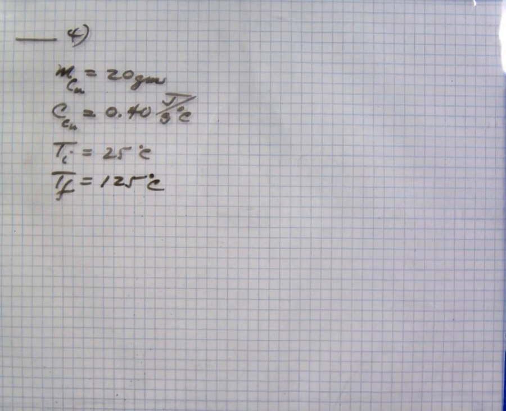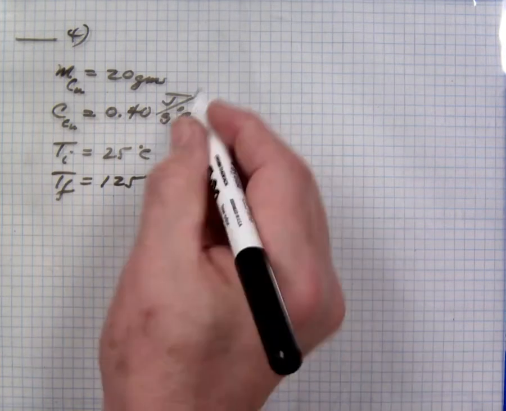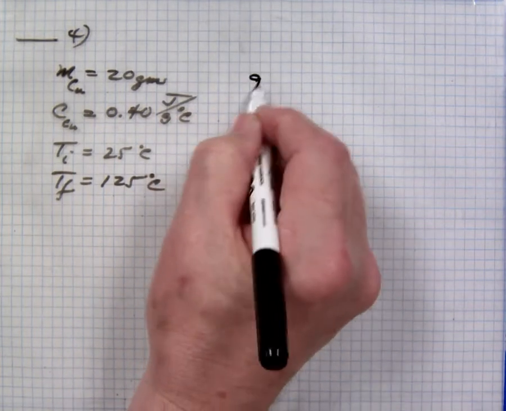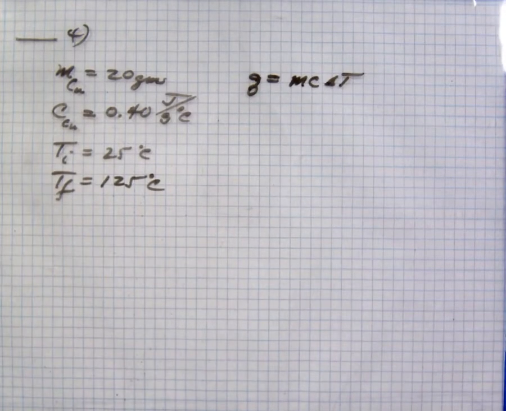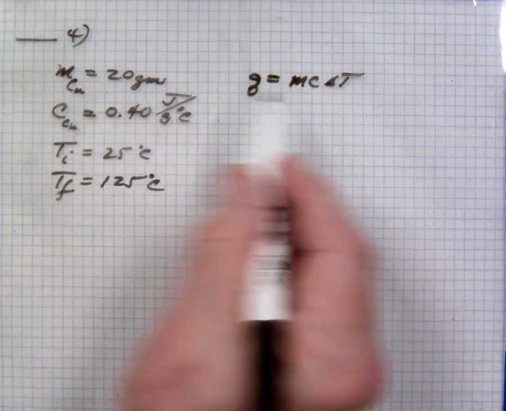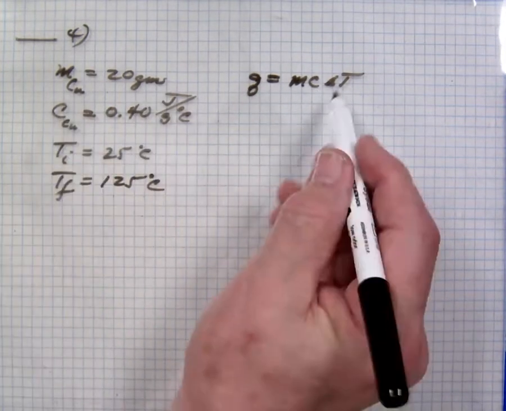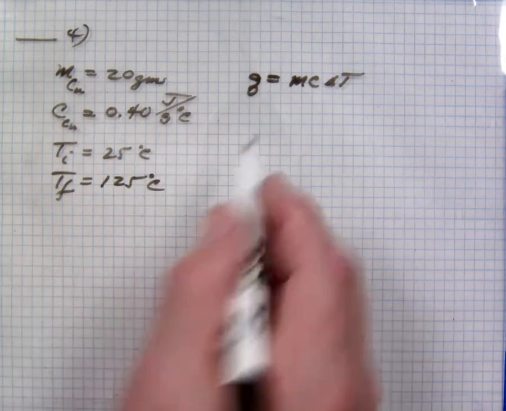Okay, now what do we use? This is one of the method of mixtures kind of problems in which you either have a temperature change or you don't. If you have a temperature change, which is showing in here, the heat is an MC delta T problem, okay? M is your mass, C is your specific heat, delta T is the differential between these.